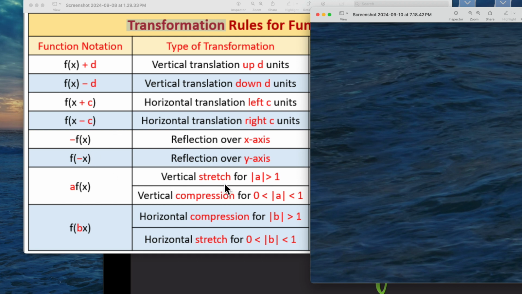When we move to stretches and compressions, or stretches and shrinks, another word for compression being shrink, then we're talking about multiplication. And we're going to review all of these in detail.